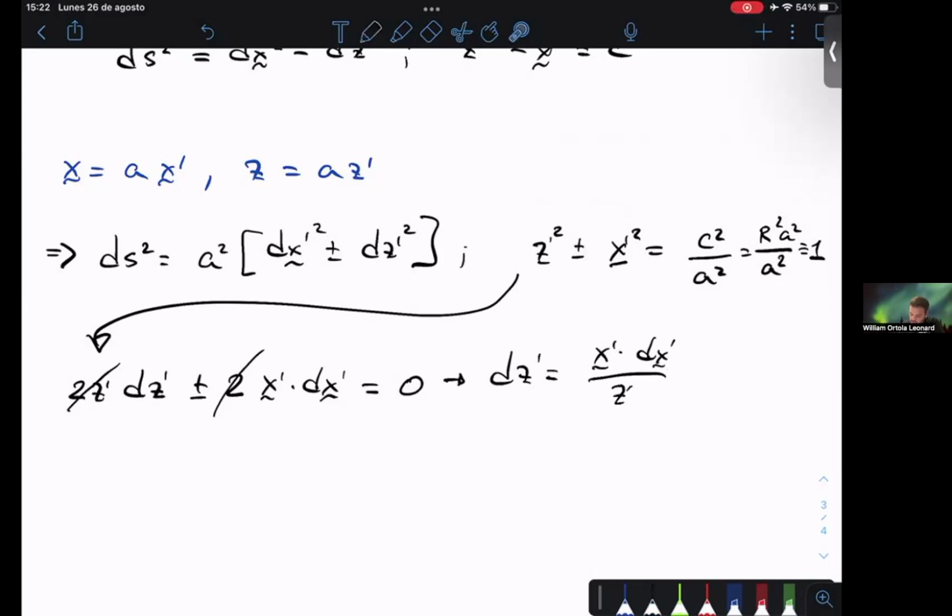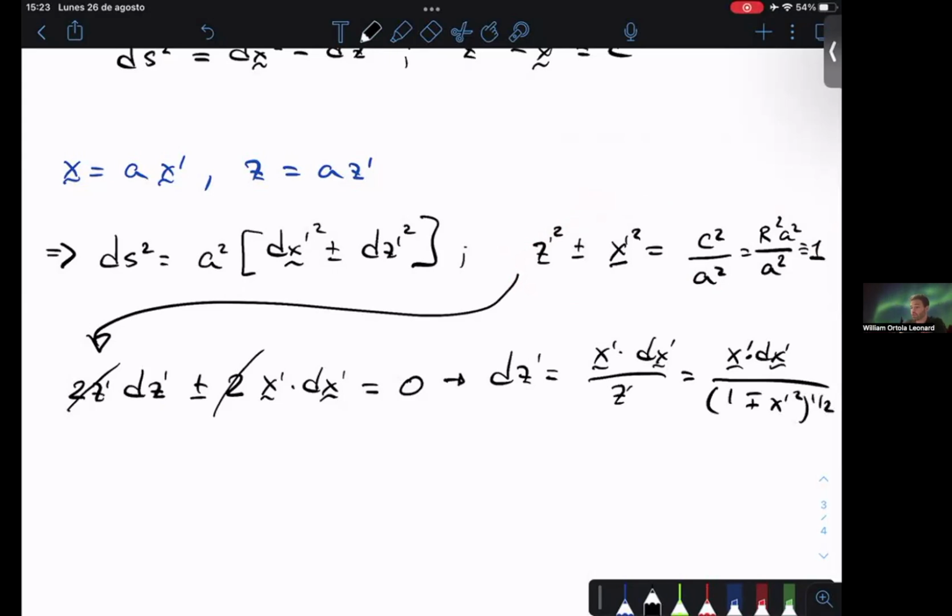And from this equation, we can rewrite c prime. Let me first write the numerator here. And then c prime we can rewrite as the square root of 1 minus or plus x prime squared.